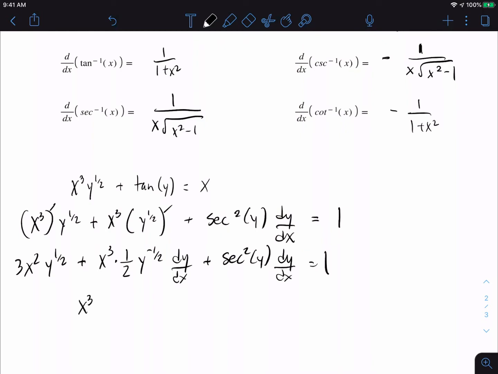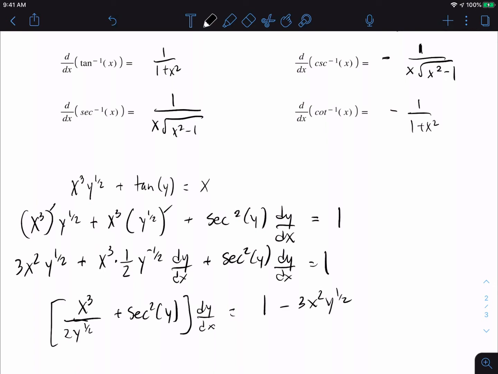Let's go x cubed over 2y to the 1/2 plus secant squared y. In agreement?